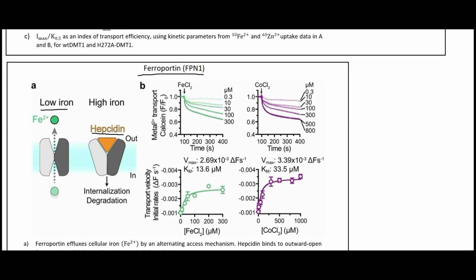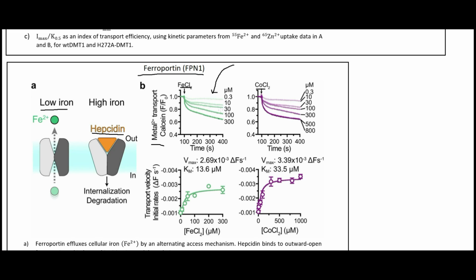So over here we have the kinetics looking at the transport of iron and the transport of cobalt. We see here, well, these are the actual time series here for those kinetics right there.